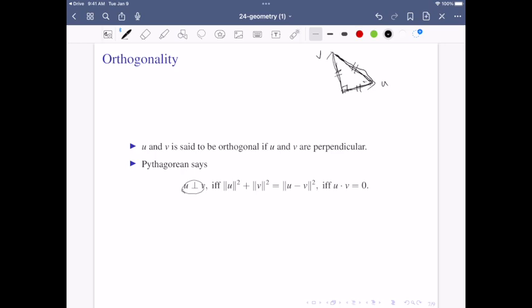So one side is u, the length up here is v, and the hypotenuse is the length of u minus v. So Pythagorean basically tells you u squared plus v squared equals the squared length of u minus v.